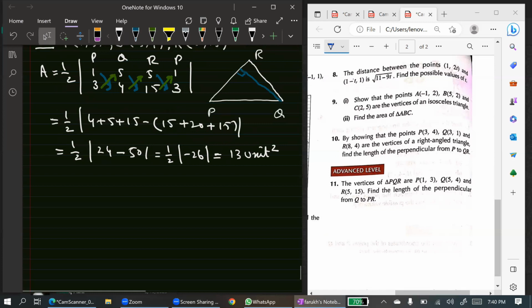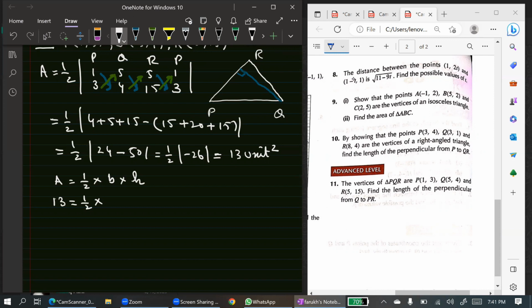Now we will again use the formula: area is equal to half base into height for this triangle PQR. Area is given, which is 13, into half.